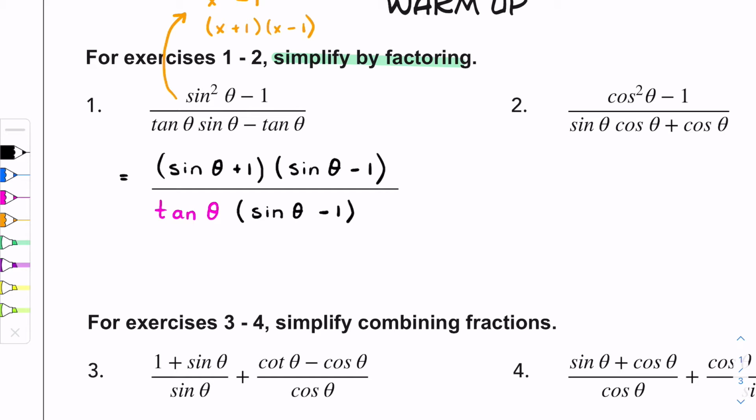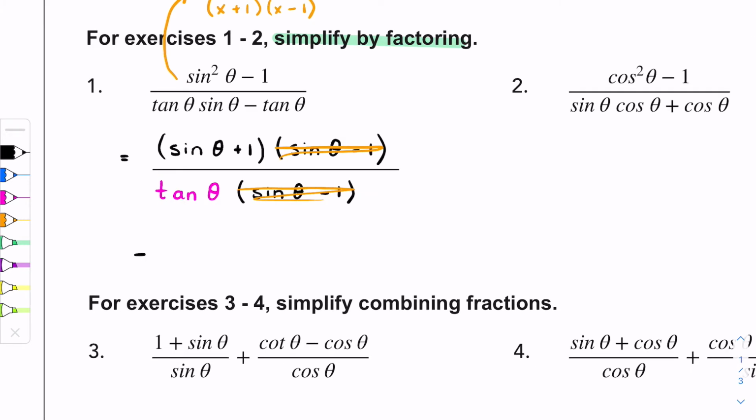From here, you need to recognize that you have a common factor of sine of theta minus 1. So we can eliminate that common factor. Leaving us with our final simplified answer of sine theta plus 1 in the numerator divided by tangent of theta in the denominator.